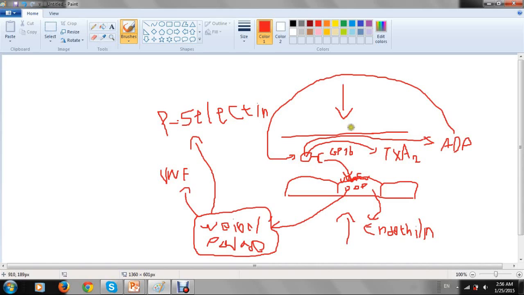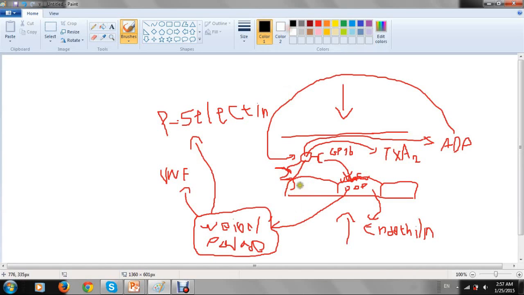So in this case, platelets release ADP, and ADP will stimulate the platelet. And the ADP will cause the platelet to express another receptor. Actually, it will express not one receptor, it will express two receptors.